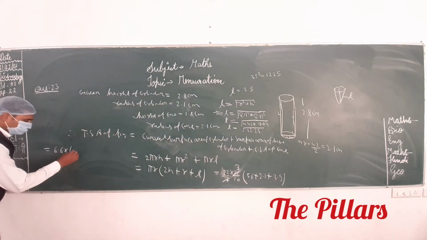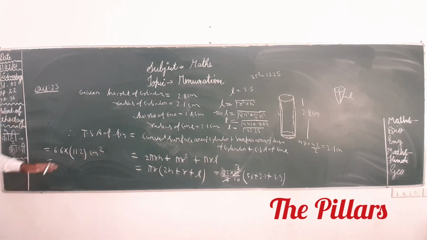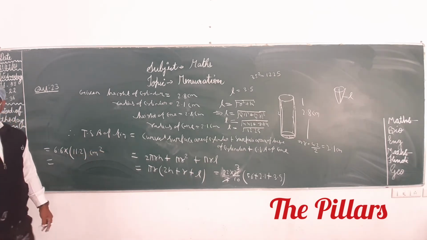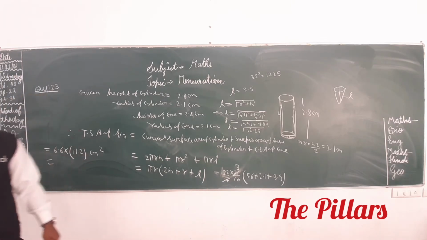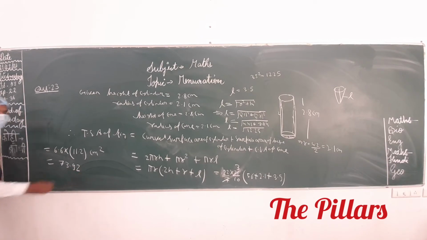It means 6.6 into 11.2 centimeter square. Multiply these, you all have to multiply these, and you get 73.92.